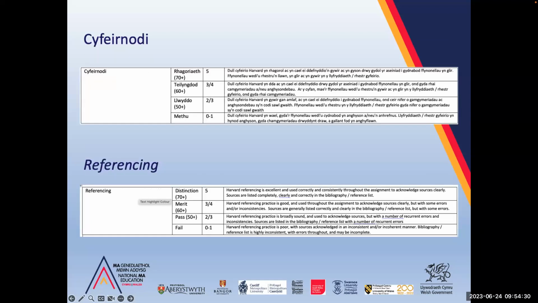And then we've got a final marking criteria for referencing. So we've got 5 marks here, where we look at your referencing throughout. Again, you will have guidance in your institutions around how to reference.